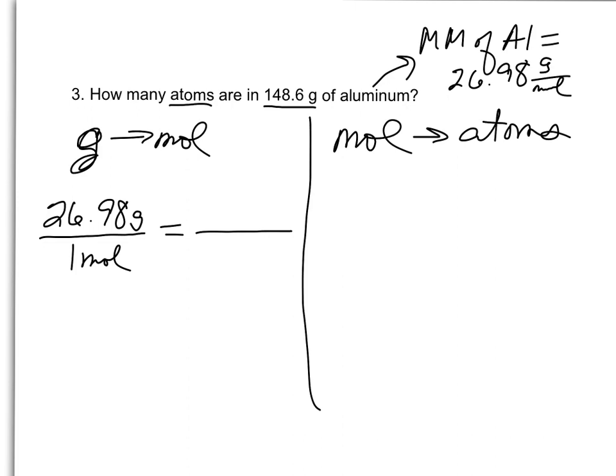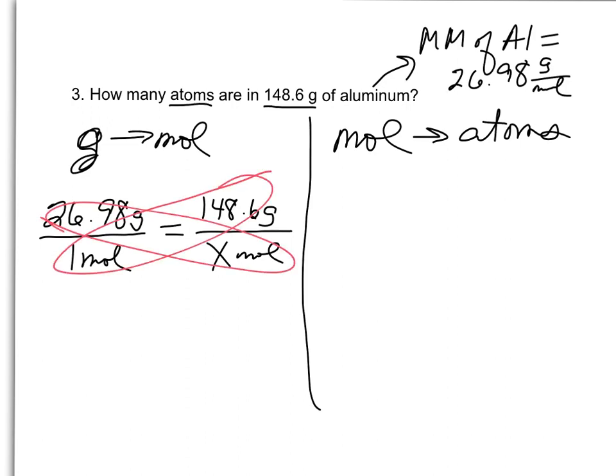And then I look at my problem, and I'm given 148.6 grams, and I want to figure out how many moles that is. So I'm going to do just what I did before.